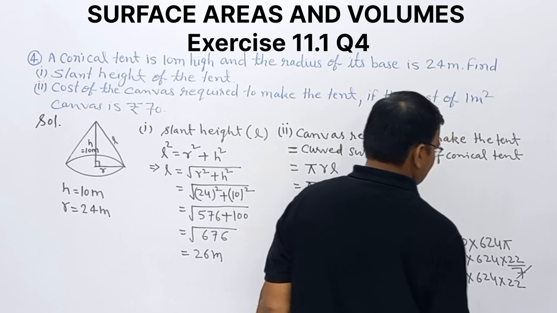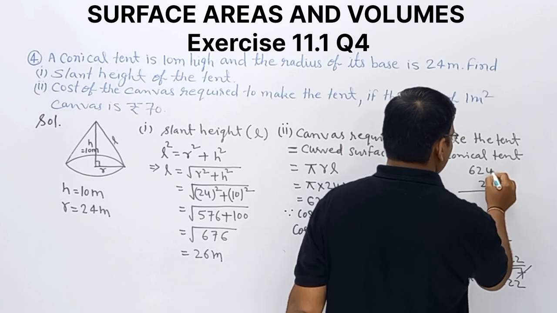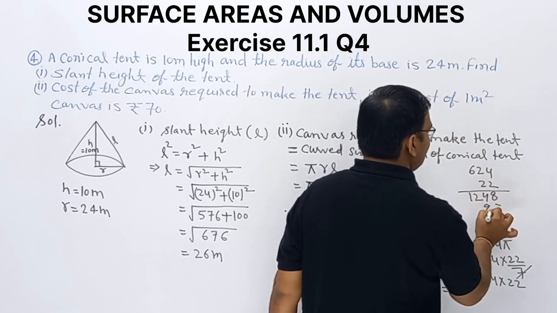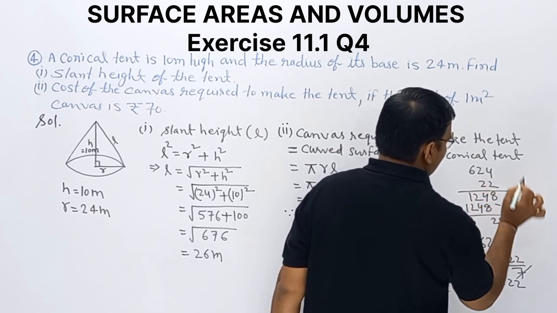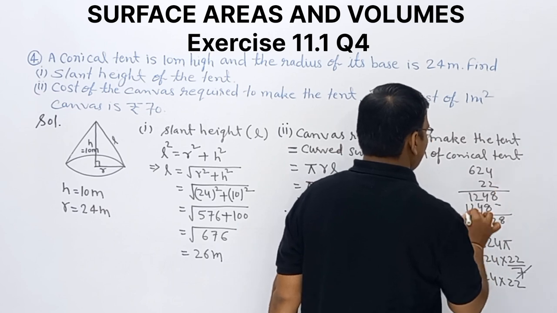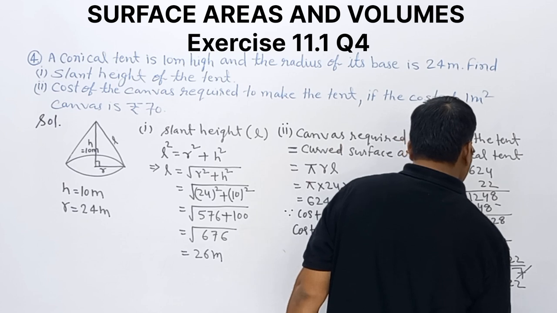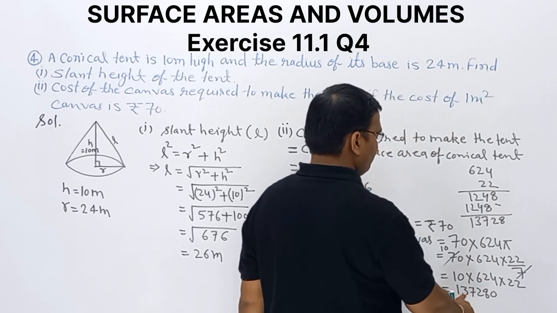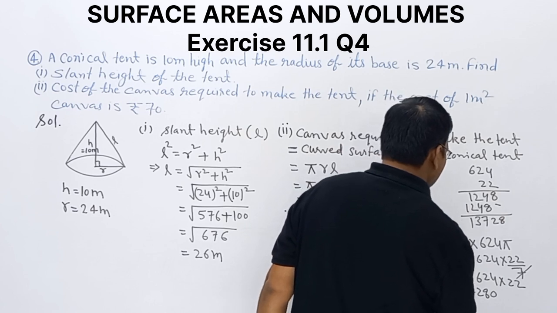Multiply and write. 624 multiplied by 22: 4 times 2 is 8, 2 times 2 is 4, 6 times 2 is 12. Adding, we get 13,728, and with the 0 it becomes 1,37,280 rupees.